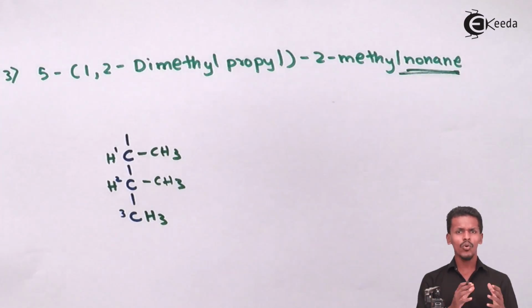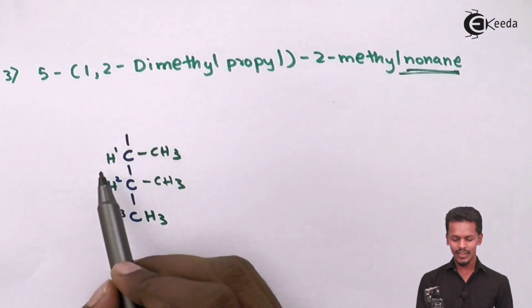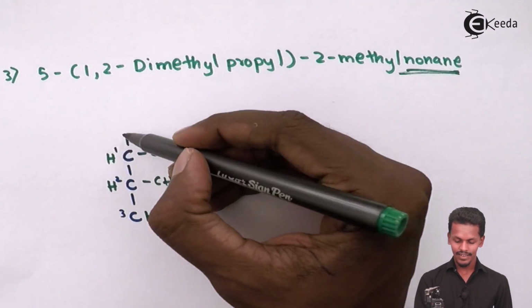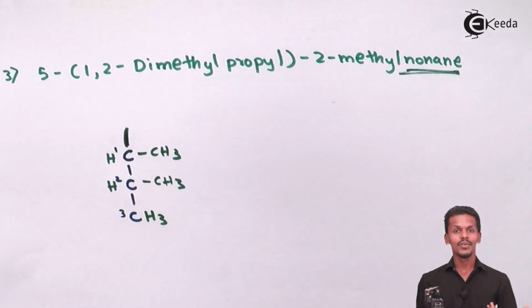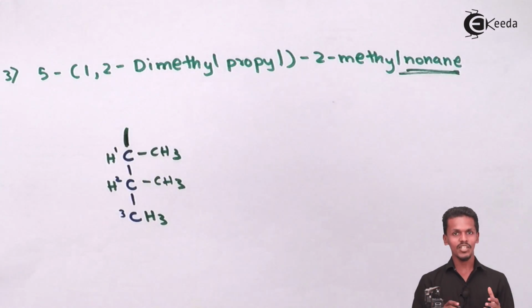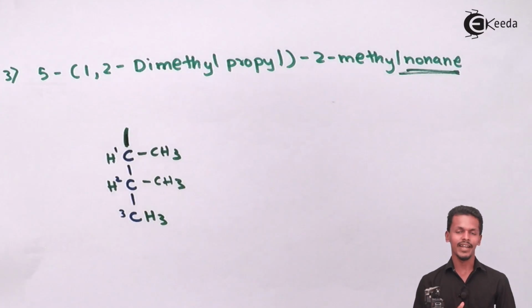That's the reason we have attached here H, and not CH2. Meanwhile we need an attachment for the nonane as a side chain. So this would be the attachment of this group with the nonane that we have as a parent hydrocarbon.